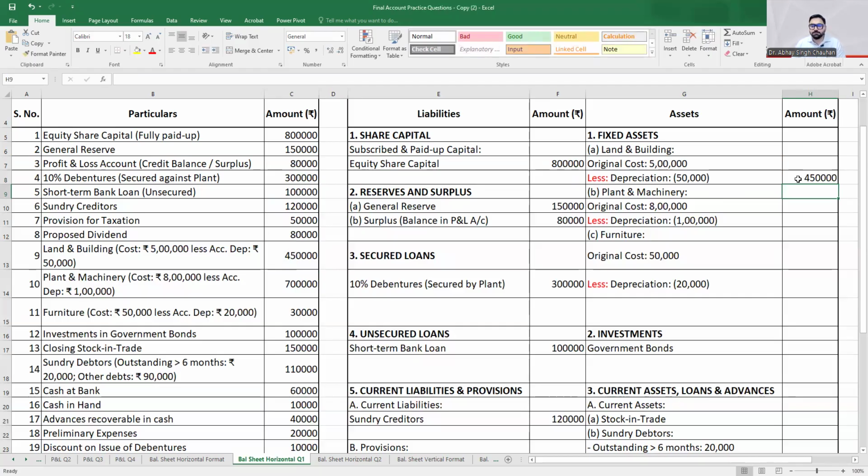Then we have the plant and machinery category. When we look into the plant and machinery, again, we'll see the original cost is 8 lakh and the depreciation value is 1 lakh, right? So the total value will come out to be 7 lakh. However, in the question, it has already been calculated, whereas in the examination it might be possible that this calculation would not have been done.